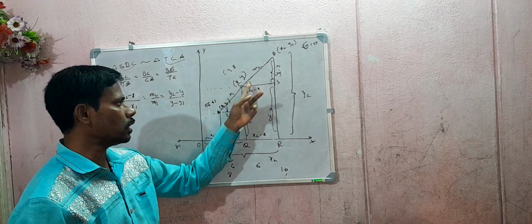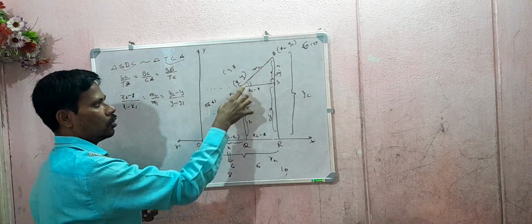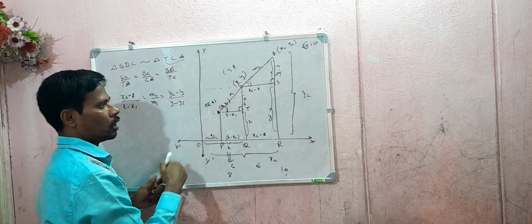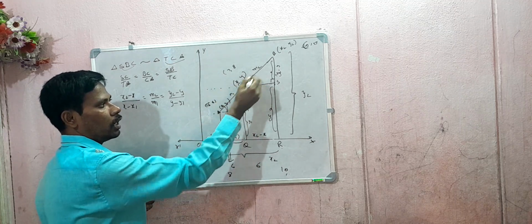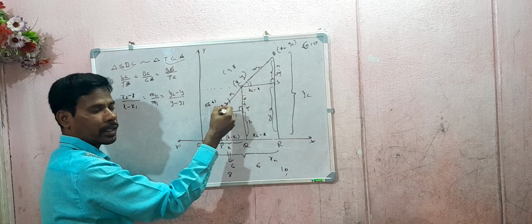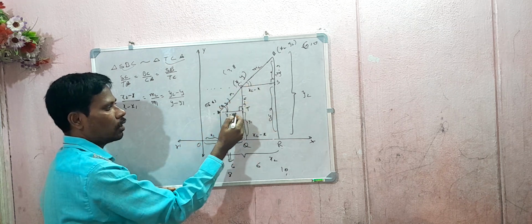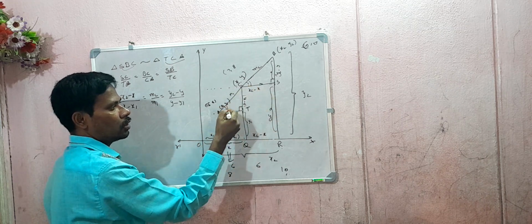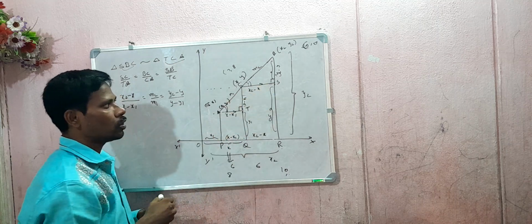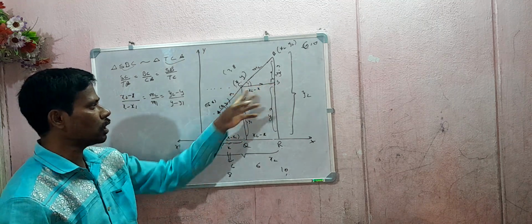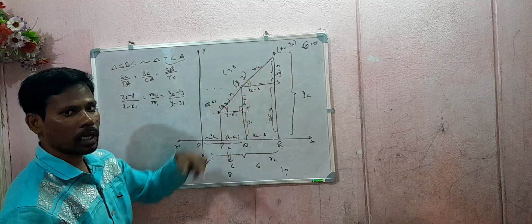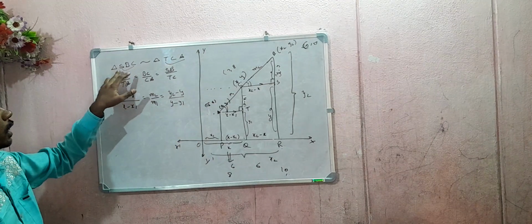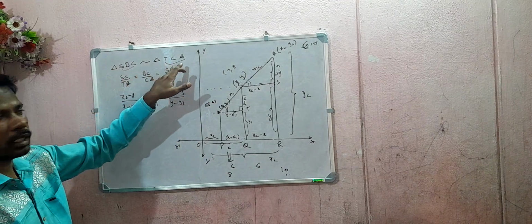See, two angles here. This angle is equal to this angle. That means they are corresponding angles. They are lying on the same side of the transversal. This is a transversal, and these two lines are parallel. So this angle is equal to this angle. Obviously, it is 90. Two angles are equal. We are comparing these two triangles. So triangle SBC is similar to triangle TCA.